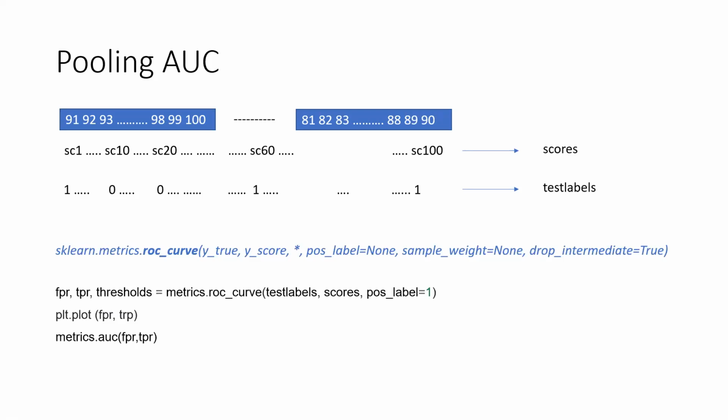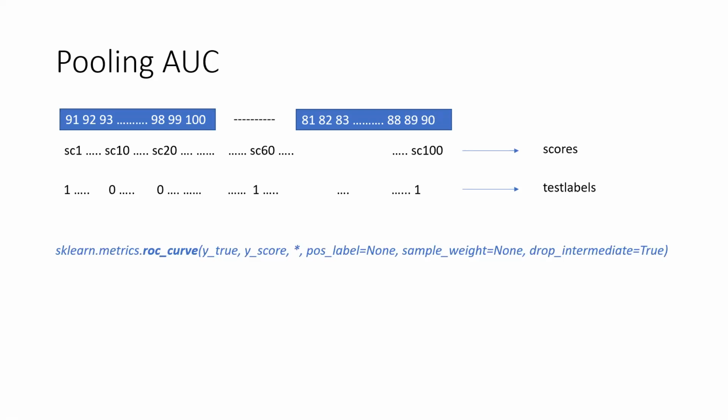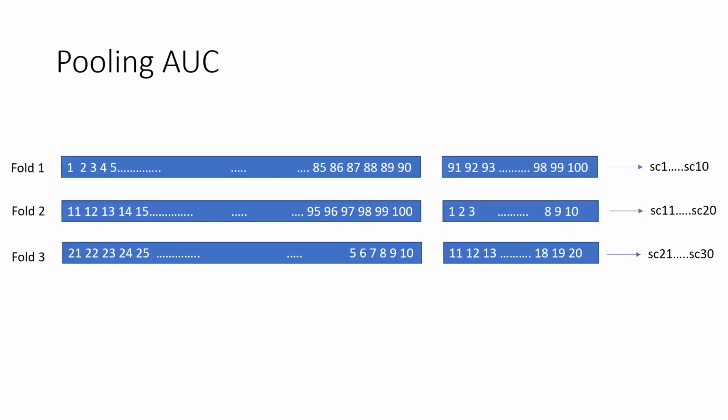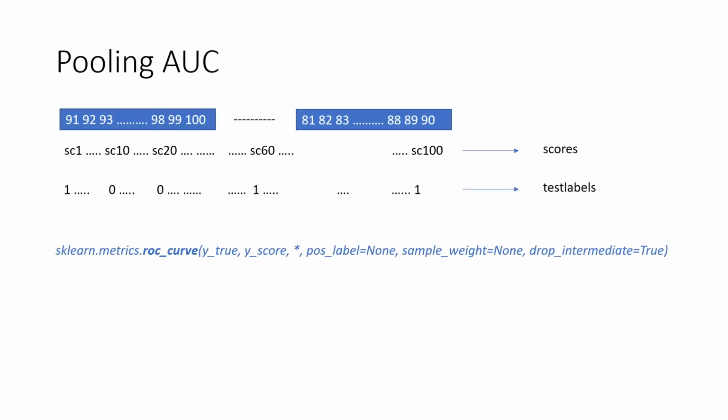The advantage is that by doing this, you get one pooled AUC value. You will not get different values for different folds, but one pooled value for the entire data.